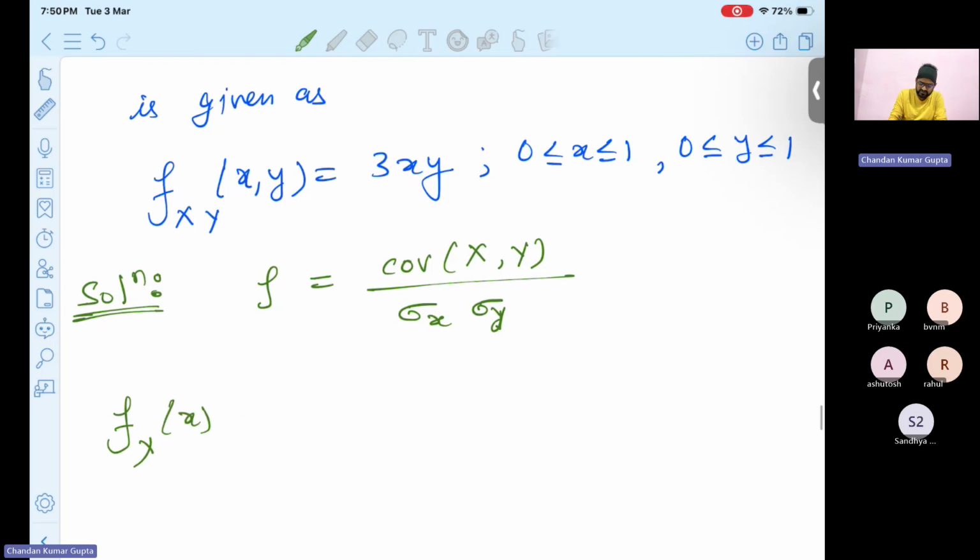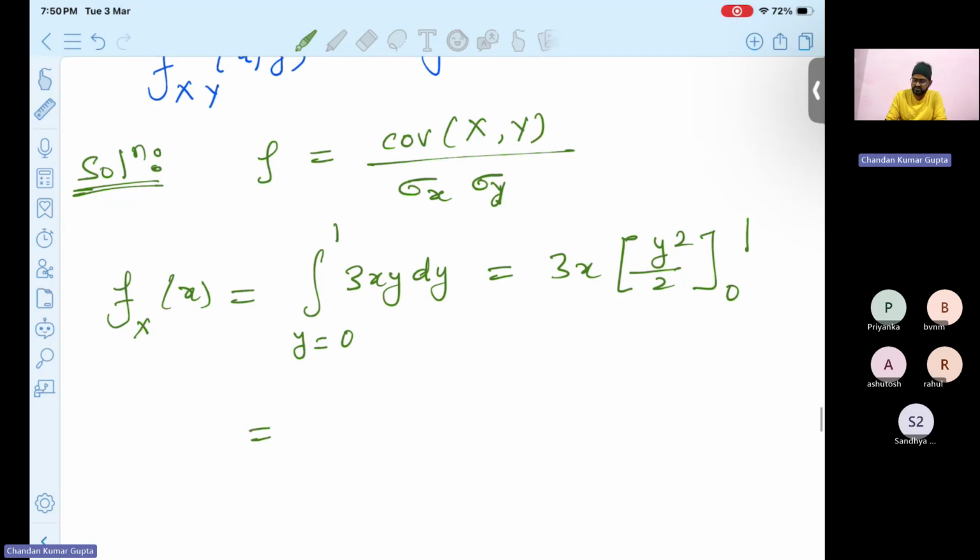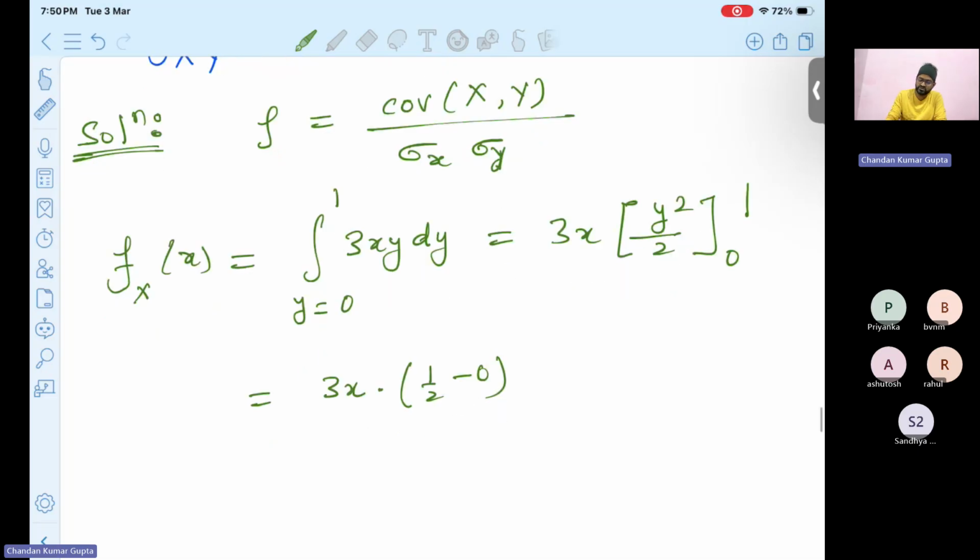So the marginal of x is what? It's the integral over y ranging from 0 to 1 of 3xy dy, which is what? 3x is taken as common, the integral of y is y square by 2, from 0 to 1. So it is 3x into 1 by 2 minus 0.